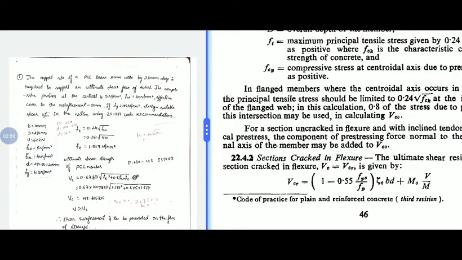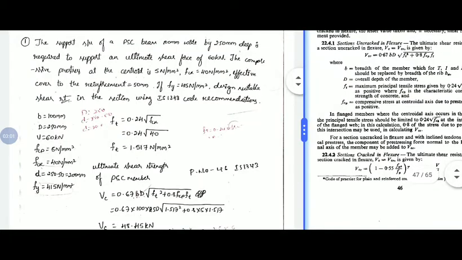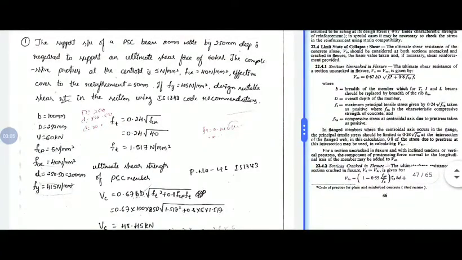So that 0.24 root FCK will give you the tensile stress of the member. So that we have calculated here. FCK is 40, by substituting, Ft equals 1.517 Newton per mm square.